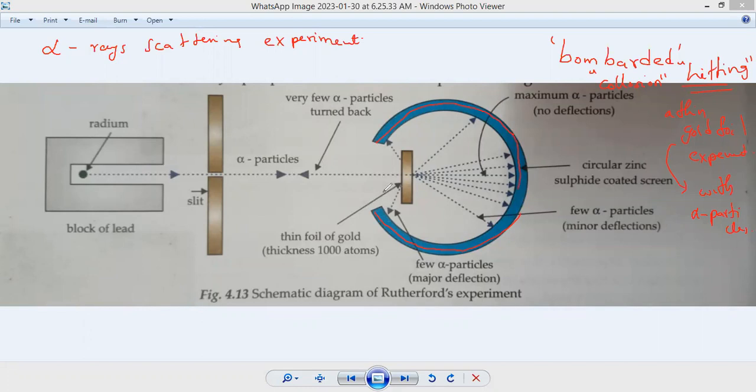He made the alpha particles collide with the thin gold foil, and the resultant particles coming out after colliding with the gold foil were made to hit this zinc sulfide coated screen. That is the blue colored screen you are seeing here, surrounding like a compound wall. Understand, Mitakshri?